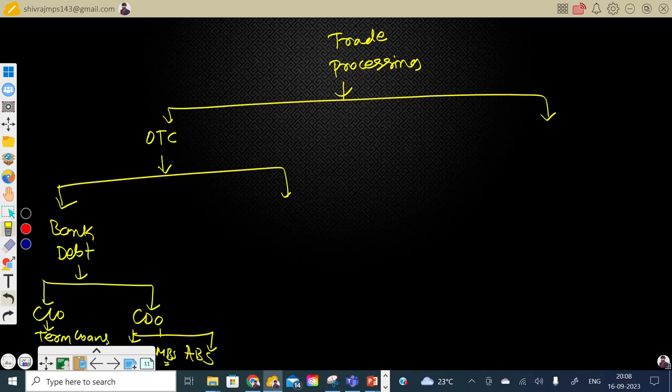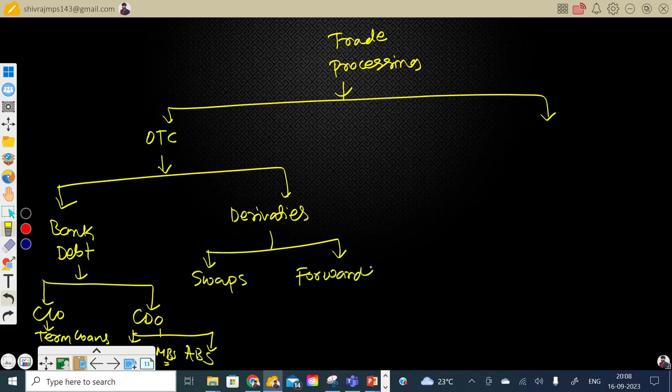Right. Other products, let's say derivative instruments like swaps or forwards, where they can book the forward contracts in the system, or the swap team will book the swap contracts.